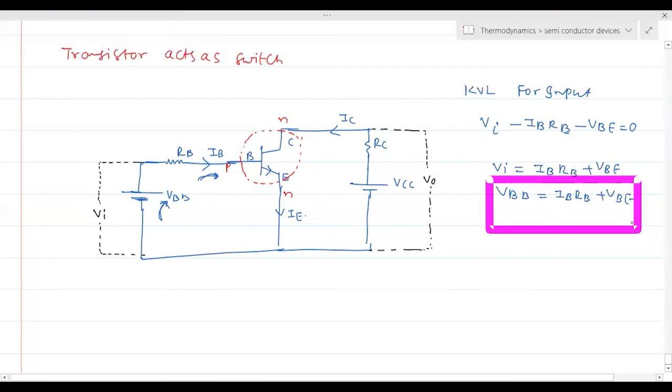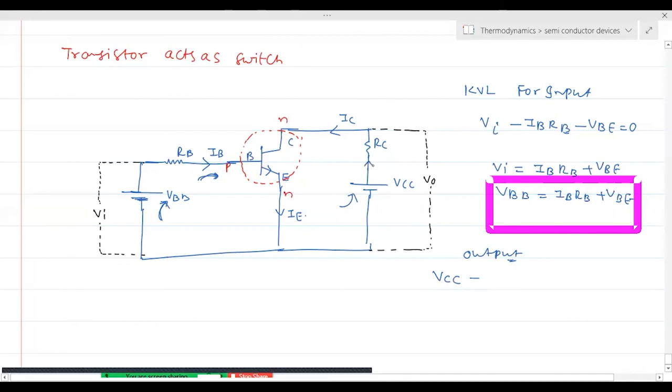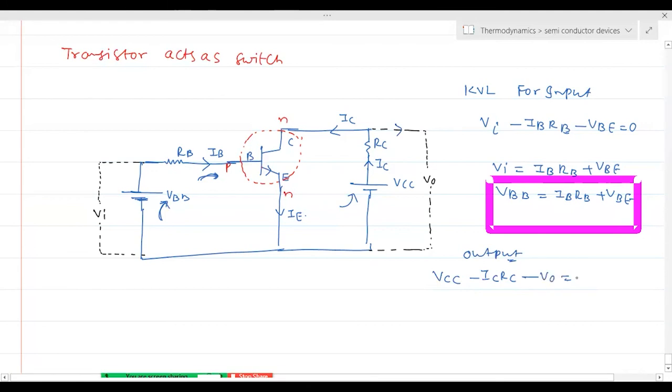The next one, we are applying the Kirchhoff law for output. Suppose we move in the opposite direction, we take the negative terminal VCC, minus. We have the current flowing in the same direction, so minus ICRC, and the remaining at the output. Suppose you are moving in this way, we have the remaining at the output, therefore minus VO equal to 0.